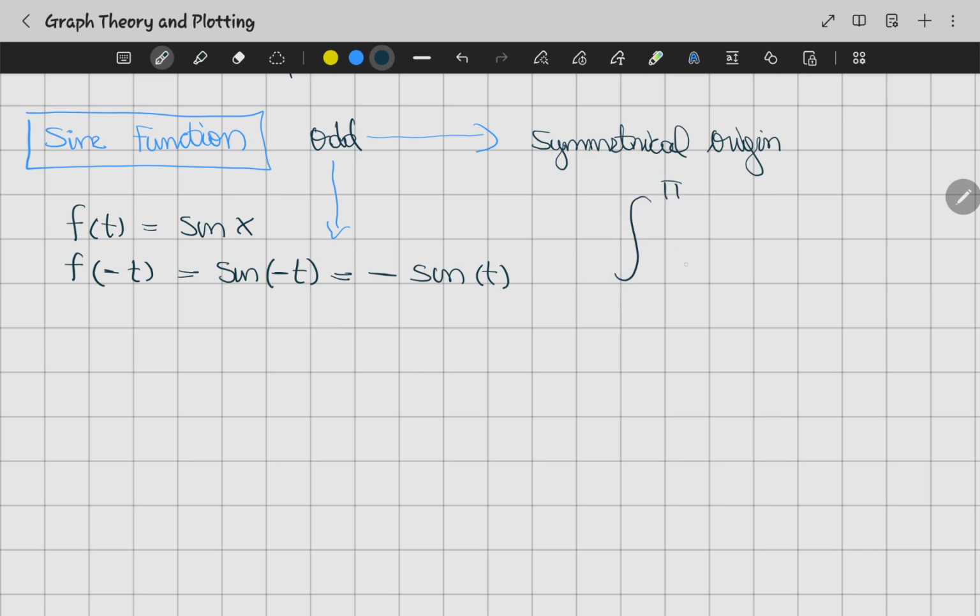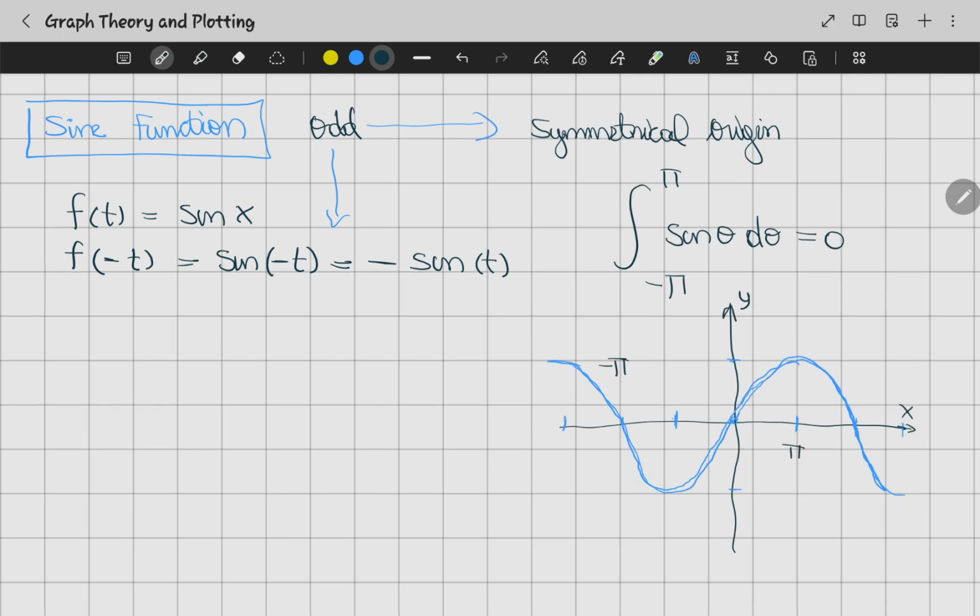This is what we're going to draw, similar to the cosine integral. So this is a sine integral of t equal to 0. So we're going to represent this so that you can see what we're trying to say and what it means, symmetrical origin. Now let's see what is symmetrical origin.